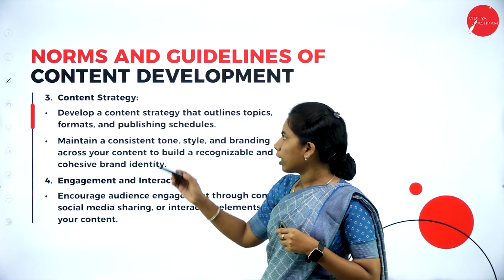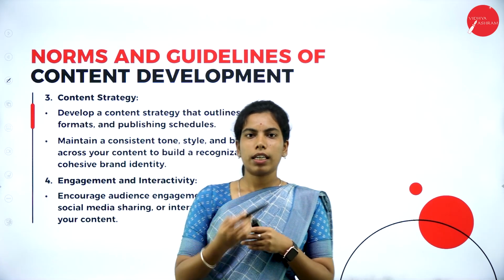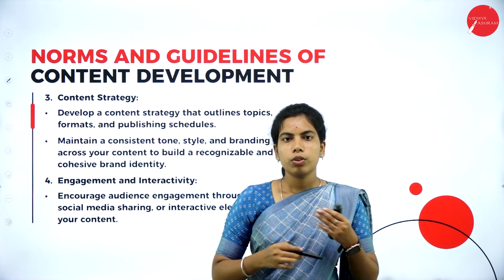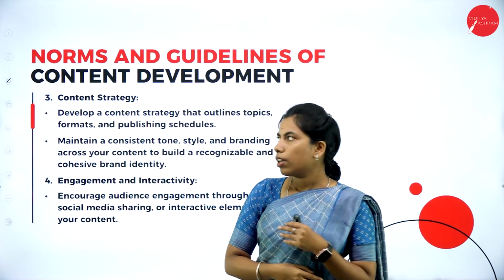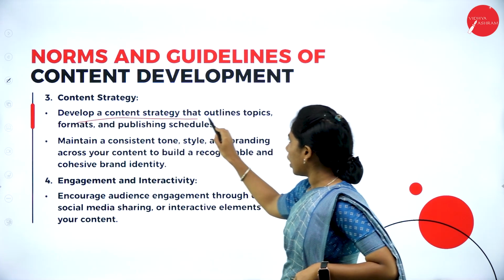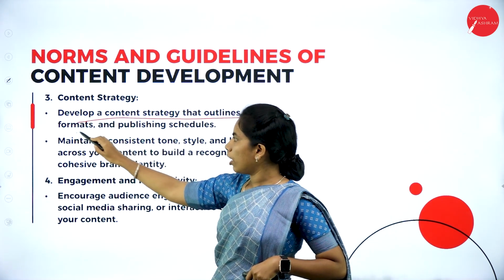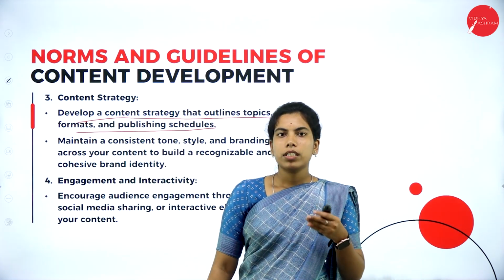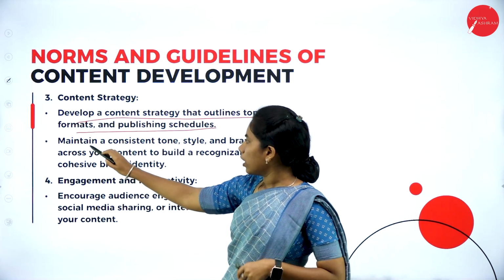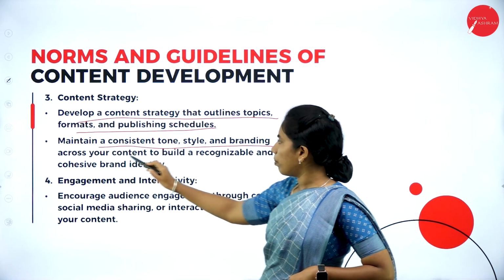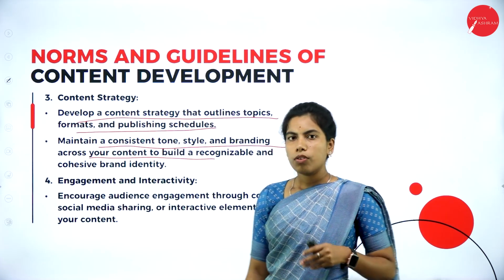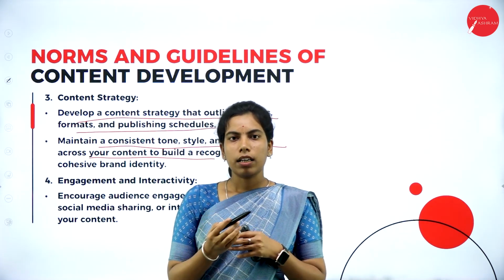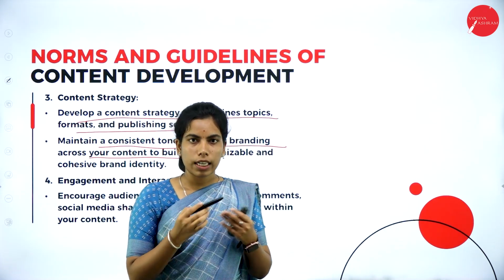And also the third one, content strategy. What type of strategy do we have to use to reach the audience, right? That is, develop a content strategy that outlines topics, formats, and publishing schedules, and also maintain a consistent tone, style, and branding across the content. For example, consider a bank. A bank is responsible for the customers, right?